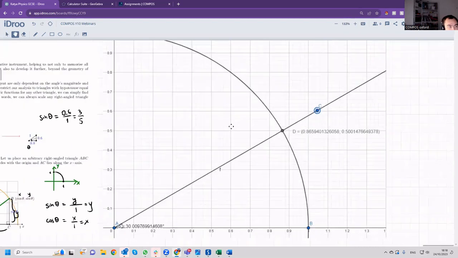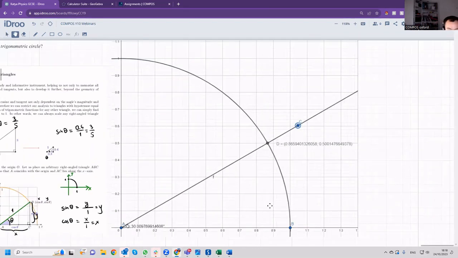Look at this. If you have a circle of radius 1 and an angle, in this case this angle is almost 30 degrees. It turns out that the coordinate of this point is going to be cos 30 and sine 30.